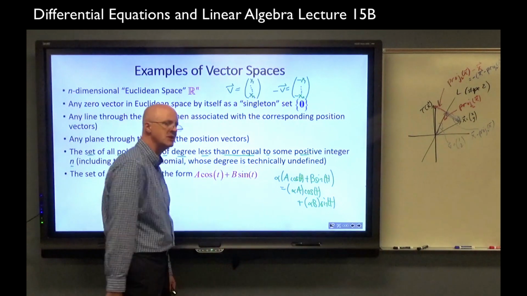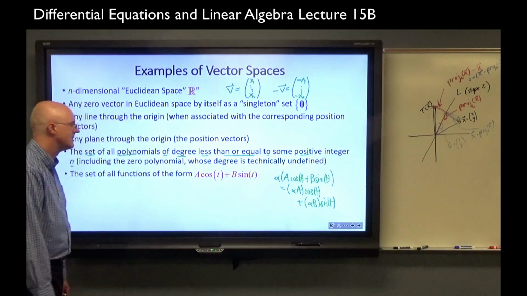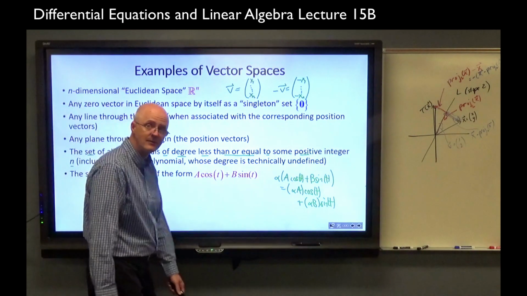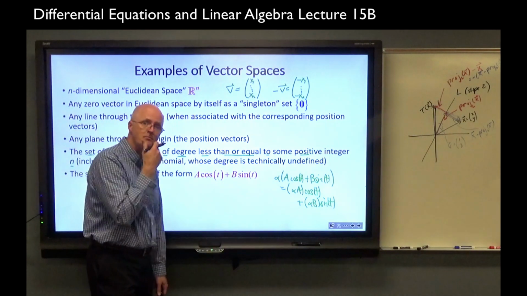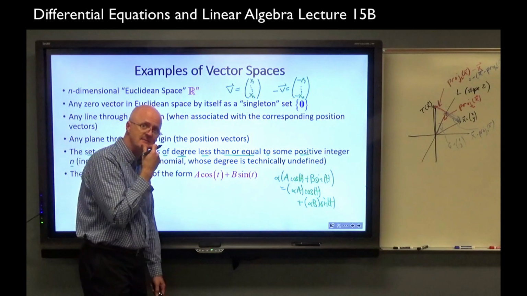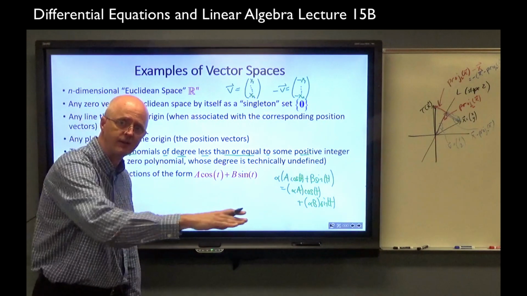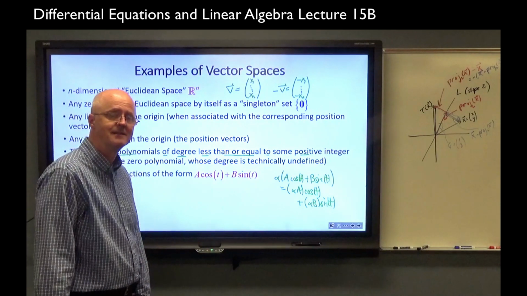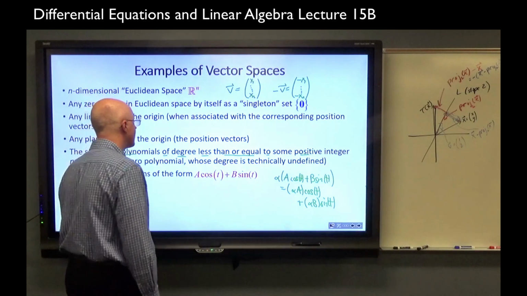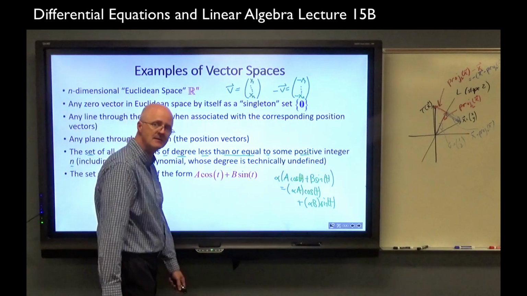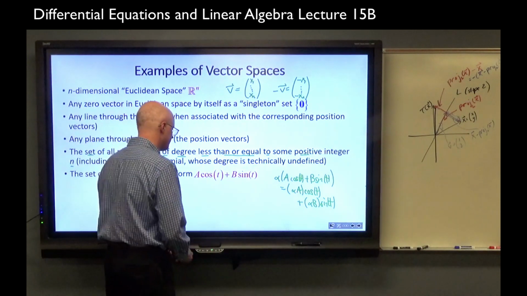It's a linear combination of cosine of t and sine of t. Closure happens. If a and b are both 0, that'll be the 0 vector of this vector space. It'll be the 0 function whose graph is a horizontal line along the horizontal axis. What's the additive inverse of anything like this? Well, just negate the a and the b, and that'll be the additive inverse.